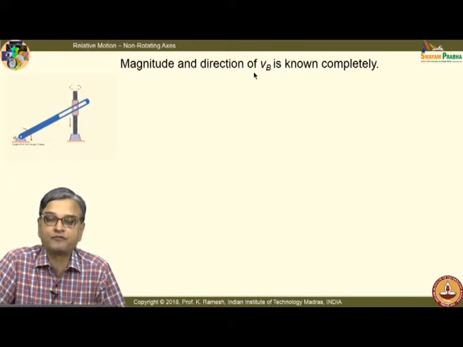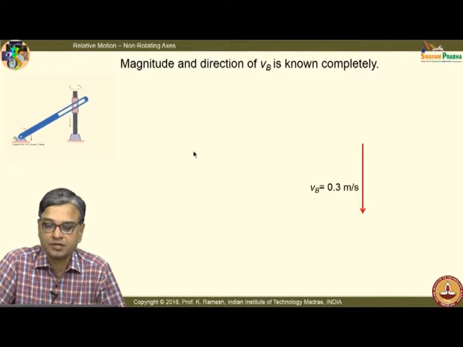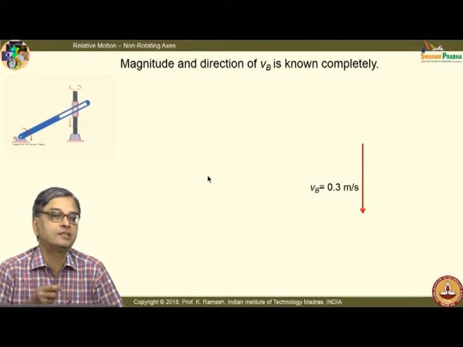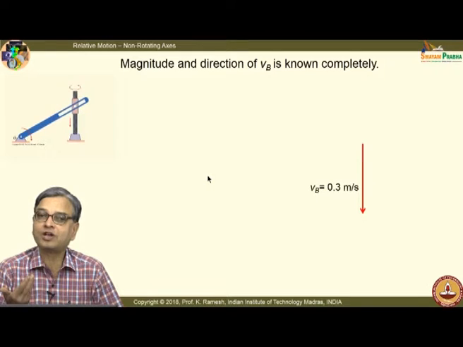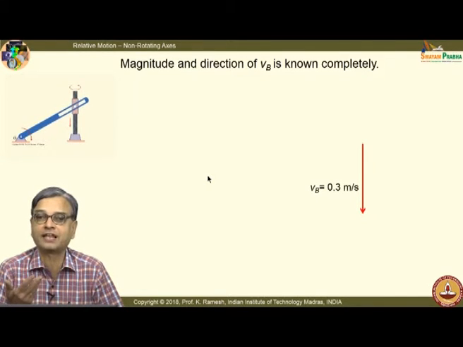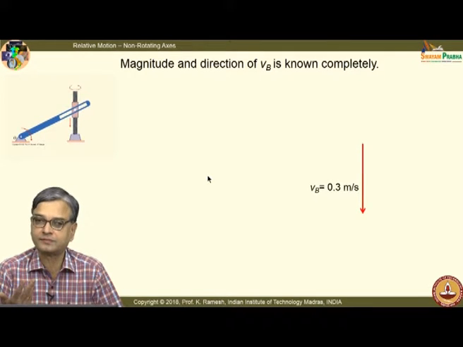Magnitude and direction of VB is known completely. It is going to come down, that is where the problem statement is. So, it is coming down here. So, I have VB as 0.3 meters per second, and from the constrained motion, you know what is the relative velocity direction, you also know what is the absolute velocity direction of point A, both are known.